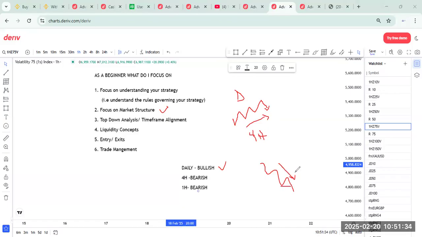So in order for the 4-hour to follow the daily time frame order flow, you wait for the last high here to be broken, so that you know that now the 4-hour is switching bullish in the direction of the daily time frame, so that you can be trading in that order.